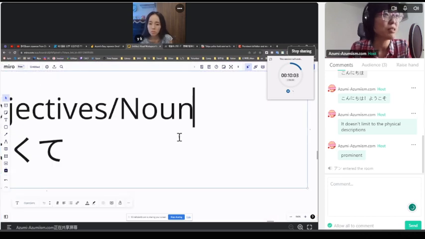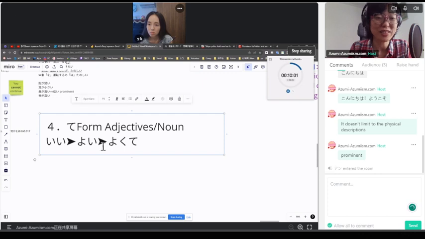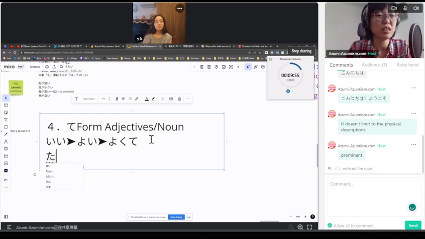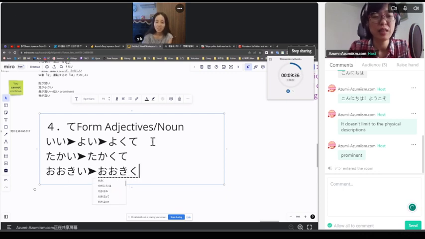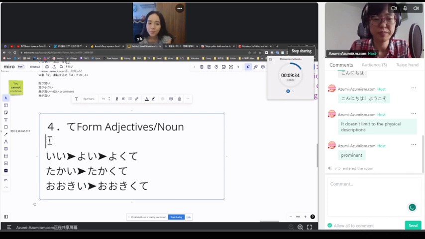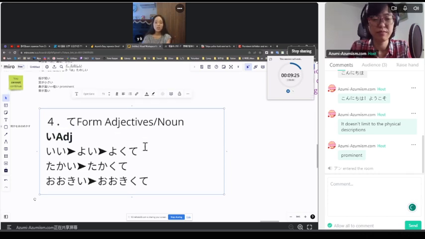Okay, so let's give me some adjectives. Give me some i adjectives. 高い、大きい. Te form as well. 高くて、大きくて. So they are the i adjective group. And so かっこいい、かっこよくて.